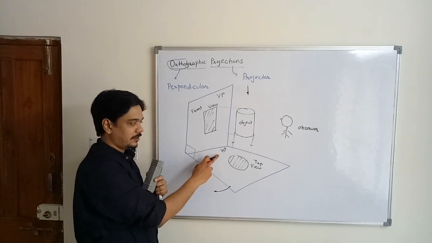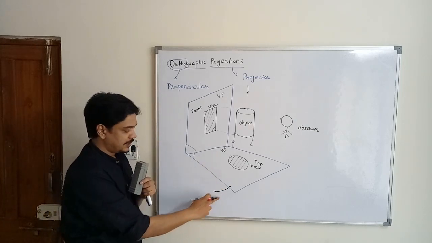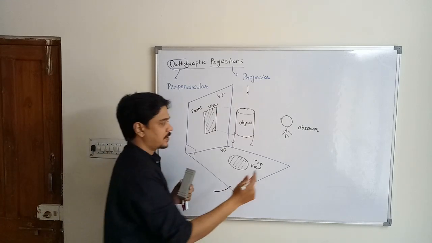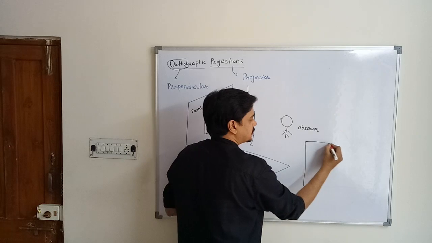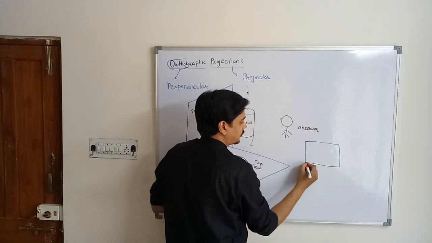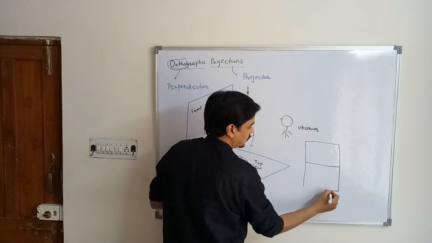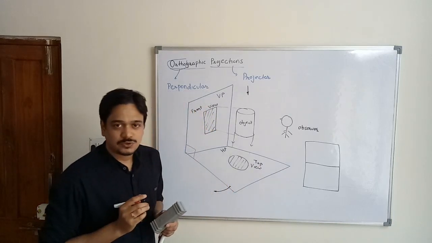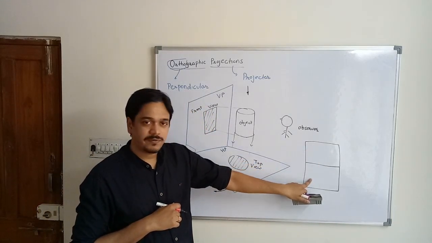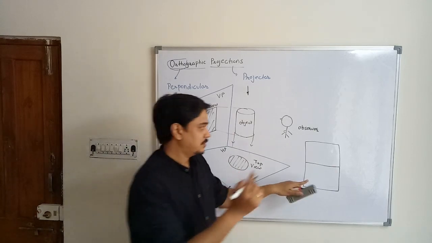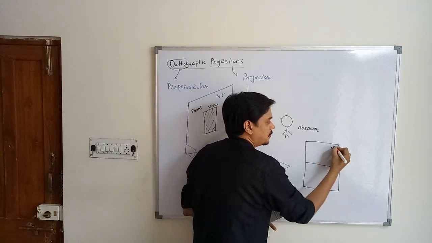Now if you rotate HP on this side, what you will get? You will get two planes. So the upper plane is called as vertical plane and lower one is called as horizontal plane. So I am naming this over here.